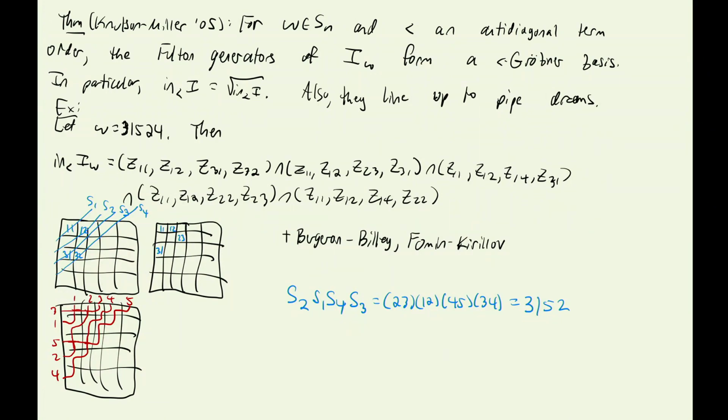And finally, 5 goes to 4 and it stays there. So indeed, we've recovered the permutation that we started with. So these pipe dreams take us between reduced words and these minimal primes and the combinatorics of pipe dreams. So it's a very, very satisfying story.